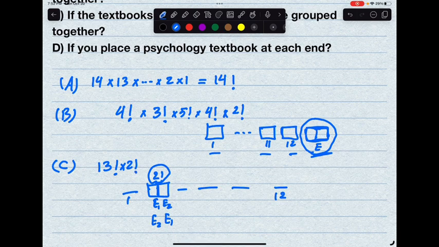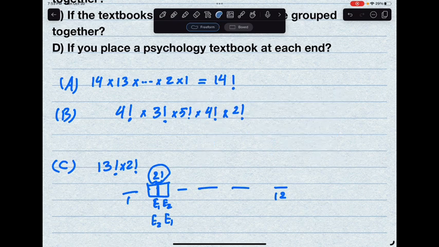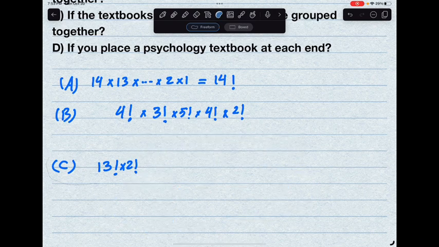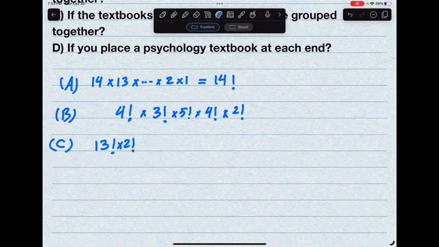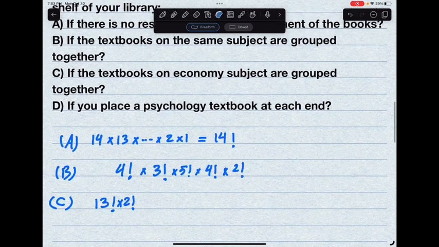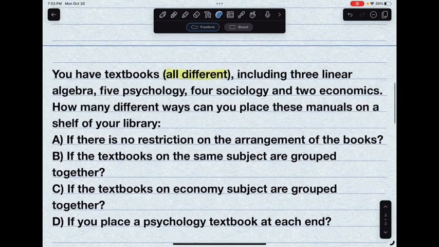Here we can talk about a slightly more general case: what if we have economic books grouped together and also linear algebra books grouped together?